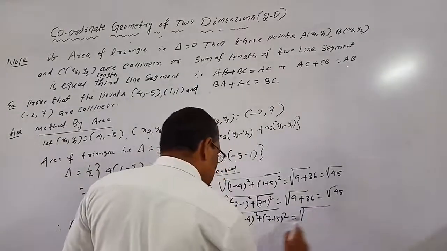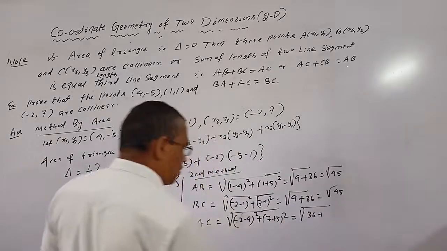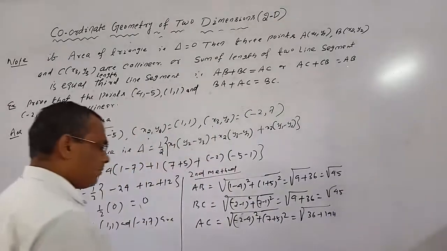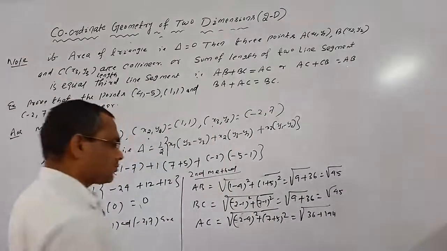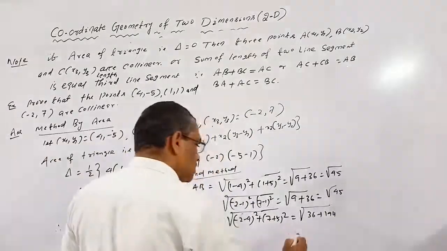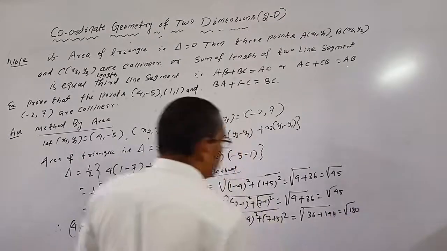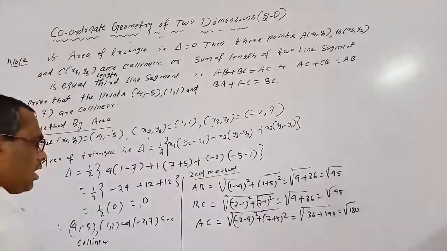Which is equal to 6 squared, 36, plus 12 squared, 144. So 144 plus 36 is 180, root over 180.